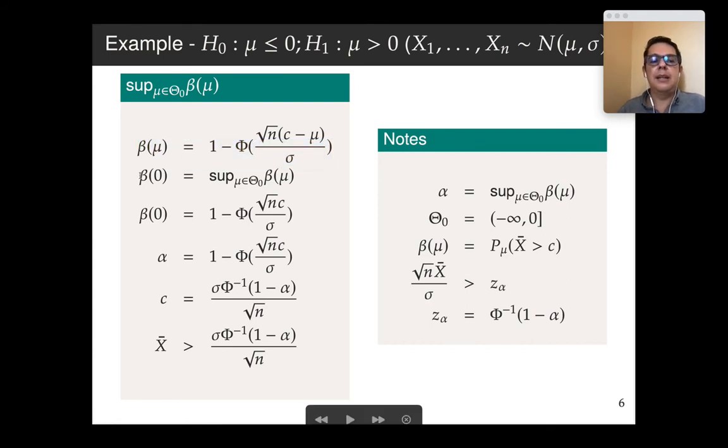So I indicate this in this part: the supremum of the power function beta is when mu is 0. If I say mu is 0, then I should have changed it here and said mu 0, but I forgot. Then I can use this notation and replace mu by 0. From this point to this point, the only part that has changed is that mu is 0.